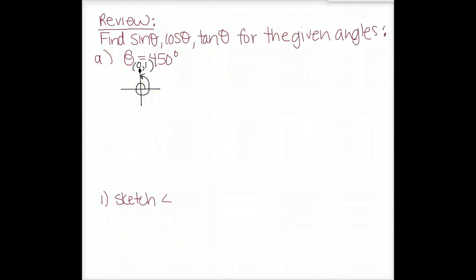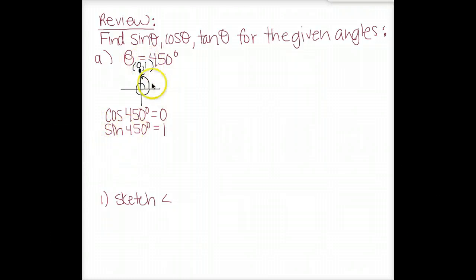So when I go to find my values, again, cosine is the x-coordinate, so I can simply write cosine of 450 degrees equals 0. And then sine of 450 degrees equals 1, because that's the y-coordinate.